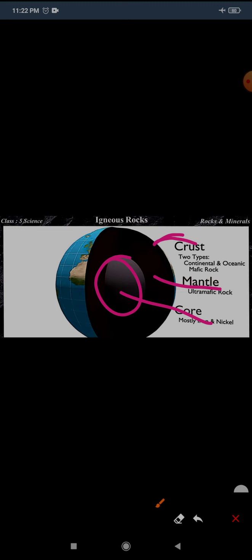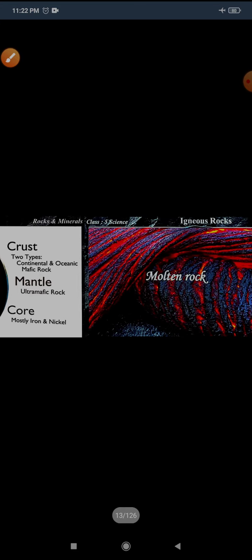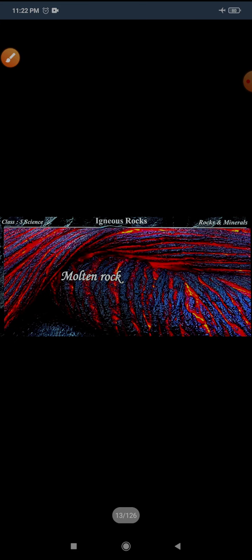Now see, what is the earth's core made up of? It is made up of molten rock. This is the image of molten rock. Molten means in melted form, melted solid liquid, you can say.